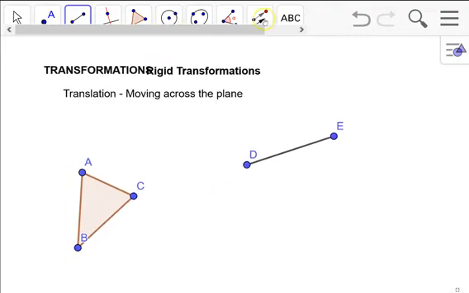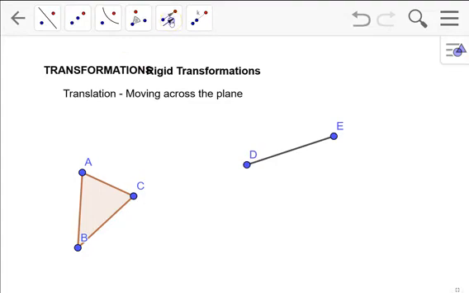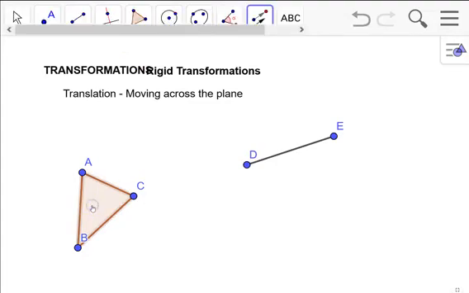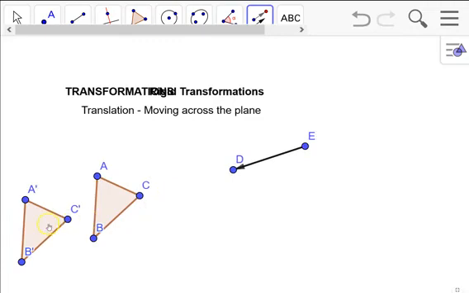I could say that I wanted to translate triangle ABC along vector DE. And as you can tell, it moves the triangle that direction. Well, I could also translate it going the other way. I could translate this triangle along vector ED, which puts it down over here.